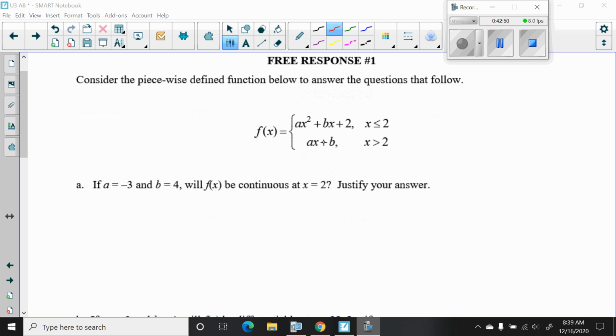All right, consider the piecewise function. If a equals -3 and b equals 4, will f of x be continuous at x equals 2? Justify your answer. All right, to be continuous, 3 things have to happen, right?